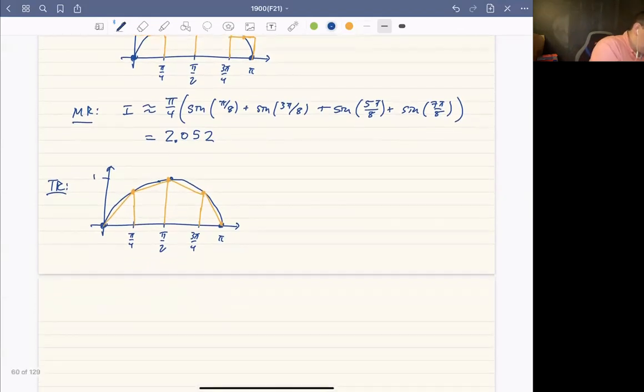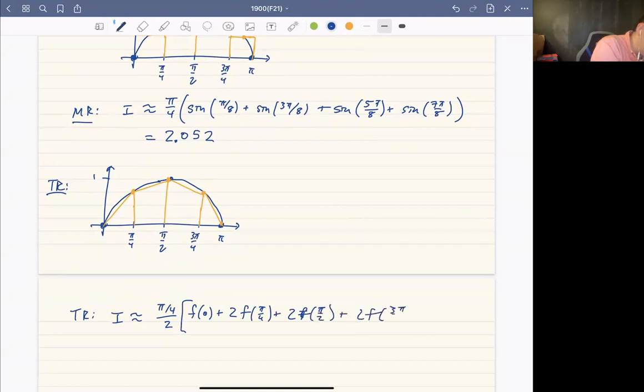And so here for the trapezoid rule, our integral is going to be the width of each subinterval divided by 2, times f of 0 plus 2 times f of pi over 4, 2 times f of pi over 2, 2 times f of 3 pi over 4, and f of pi.